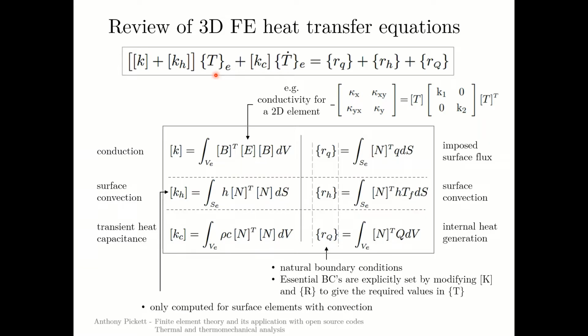Any zeros for a node on the surface would mean that there would be no flow of heat across the surface. If you like, it's perfectly insulated. Any zeros for an internal node of the structure is basically enforcing continuity. It's saying that the flow going into the node and exiting the node is balanced.